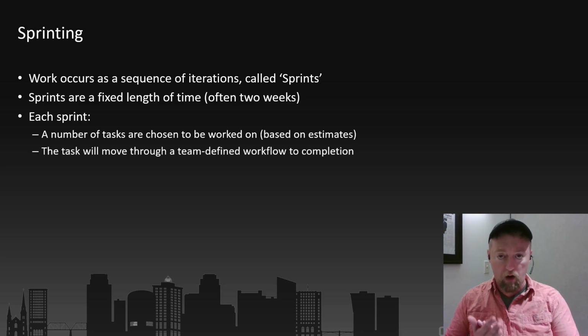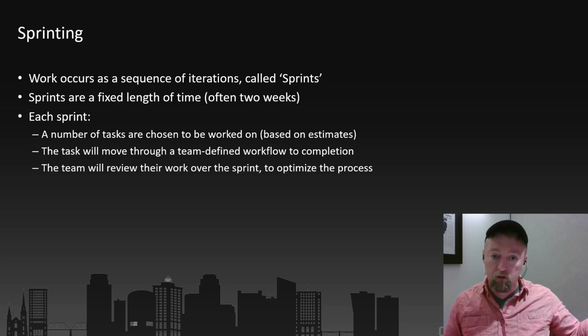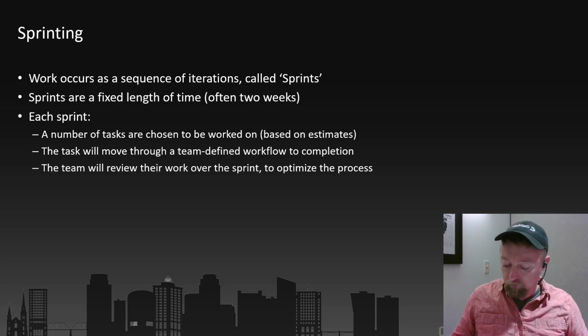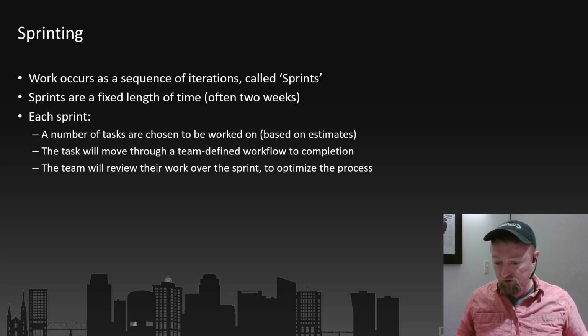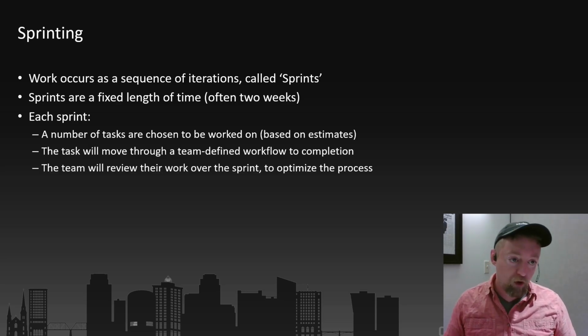We send those through our workflow, which I'm going to describe in a little bit. And then at the end of the sprint, the end of those 2 weeks or however long it is, we look back at the work we've done and do a review of our progress. Are our estimates very high? Are they very low?